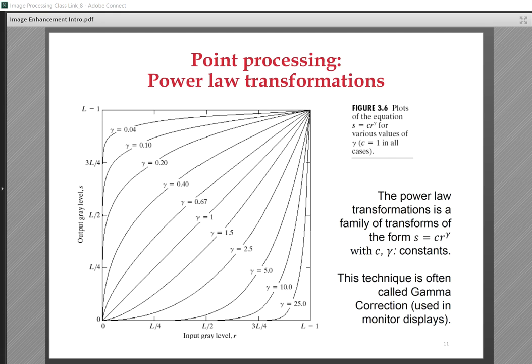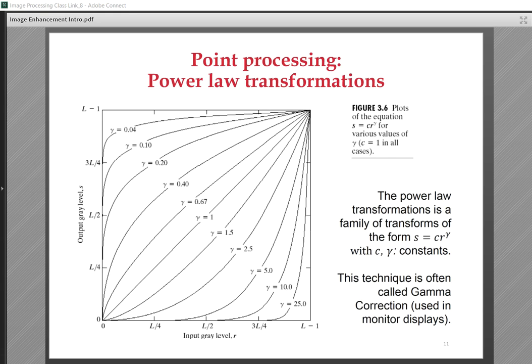R is the input gray level and S is the output gray level. C is a constant, normally 1. C and gamma are constants. This technique is often called gamma correction, and mainly used in monitor displays.